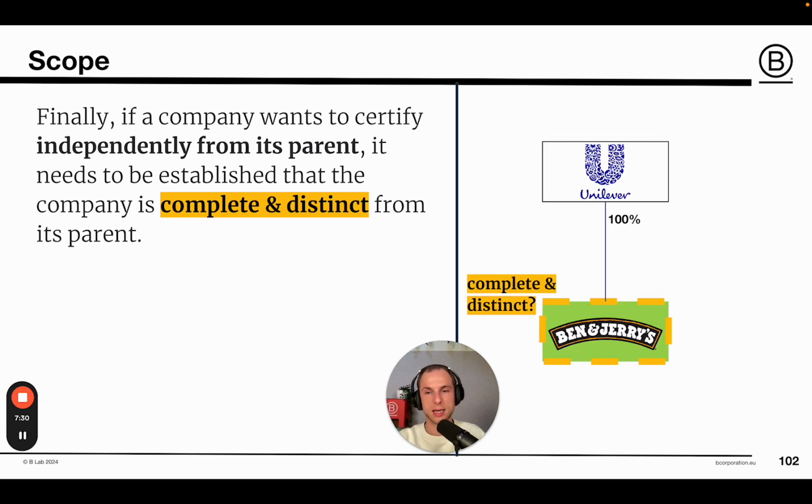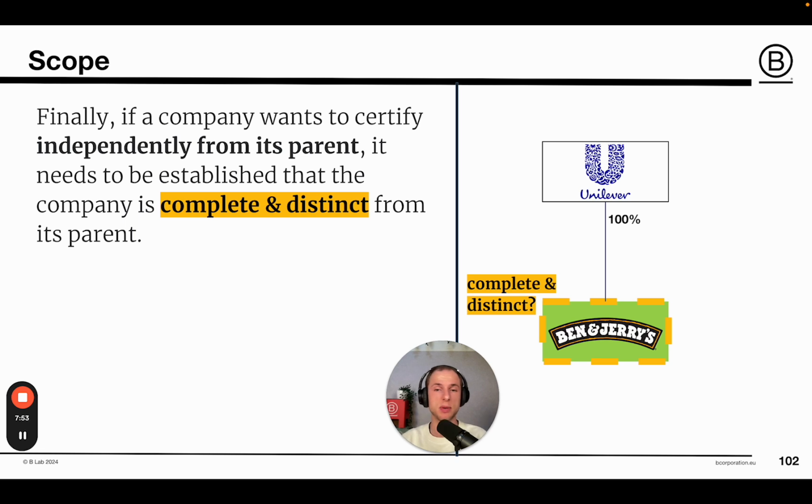We have a couple of example cases in our community that have been deemed complete and distinct enough from their parent entity. So you may be familiar with the fact that Ben & Jerry's is a Unilever subsidiary. Ben & Jerry's, if I'm not mistaken, even certified before being acquired by Unilever.